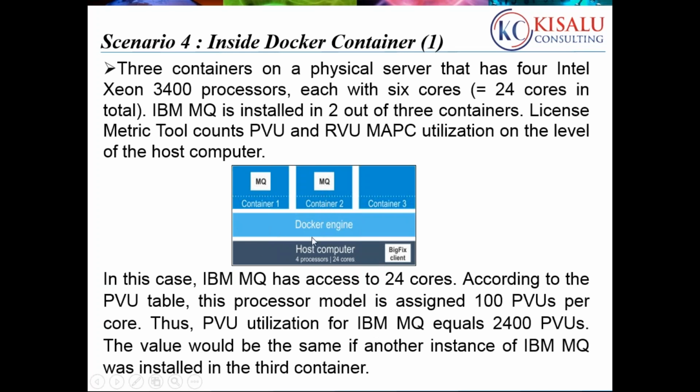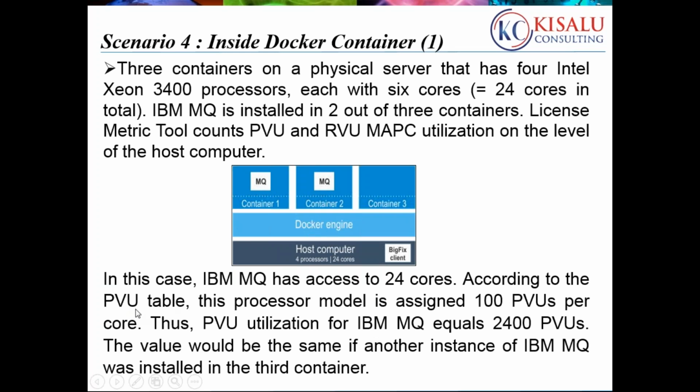Now in this case, your MQ has access to all 24. So you have those 2 containers. They have access to the whole 4 processors and to the whole 24 cores, because that's how they're running.